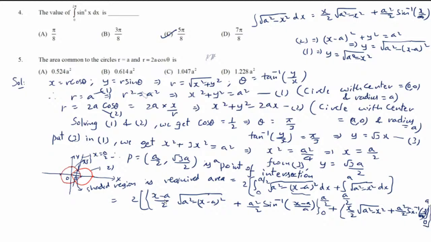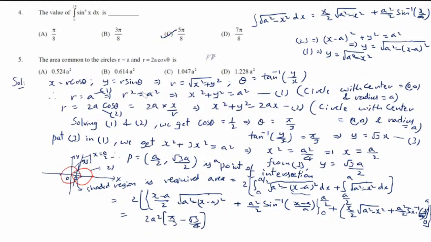So this simplifies to, you will be getting 2 a square, sine inverse 1 is pi by 2, sine inverse 1 by 2 is pi by 6, sine 30 degrees is 1 by 2. So 2a square into pi by 3 minus root 3 by 4.